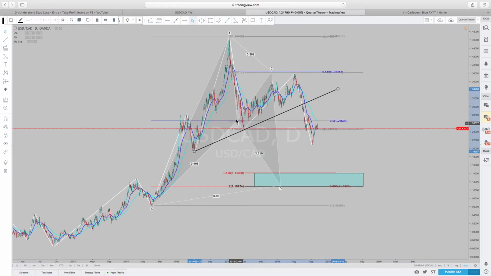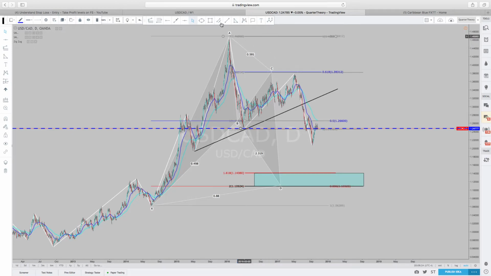We have broken this B point, which is significant in harmonic patterns to show that your pattern most likely is valid. So we've already broken the B point. So like I said, right now, even though we're sitting at a level of structure here, price can return up and then drop down.